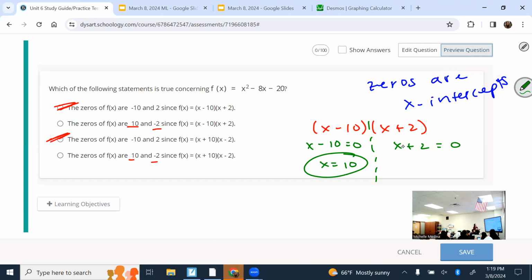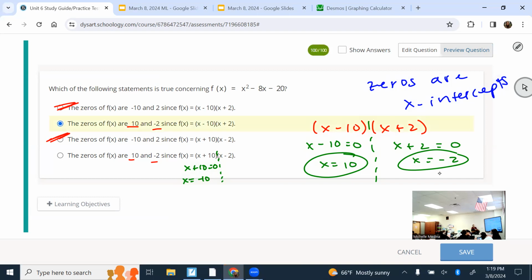What would this x have to be in order to make it 0? Let me see if this one's the same. All right, if I set each of these equal to 0 and tried solving, what would x have to be to make it 0 here? And that we already said is not a zero, remember? So this one here is the right answer.